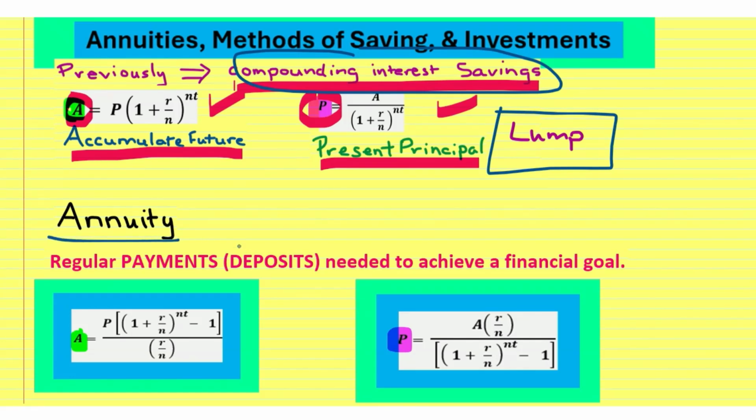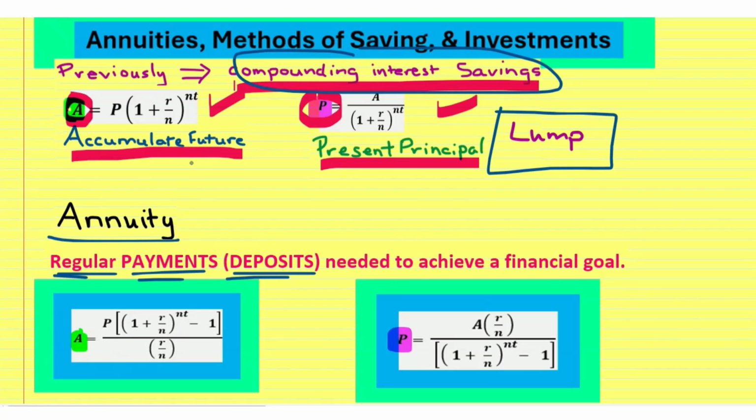With annuities, you are not going to put in a one-time lump sum. You are going to make regular payments or deposits into an account in order to save up and achieve a financial goal. You will be receiving interest on that, but you're not going to start out with one big lump sum. You will be making regular payments and deposits in order to accumulate this future amount.